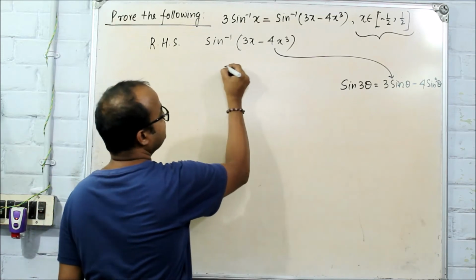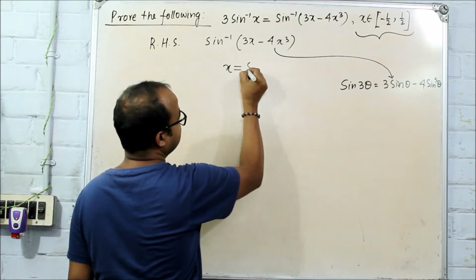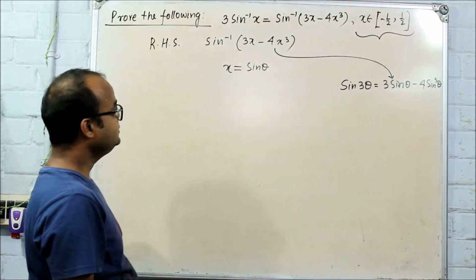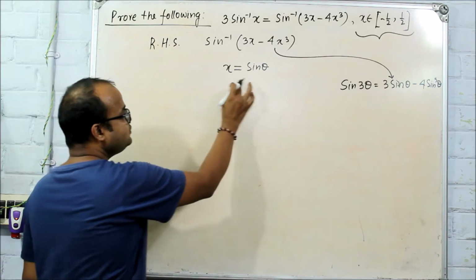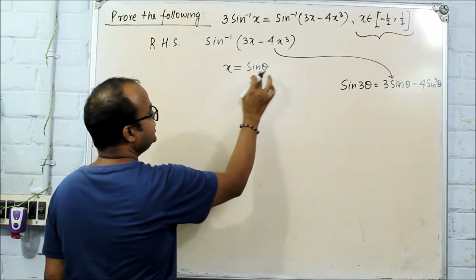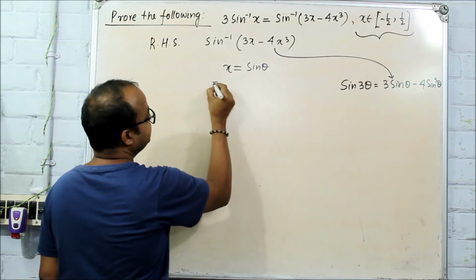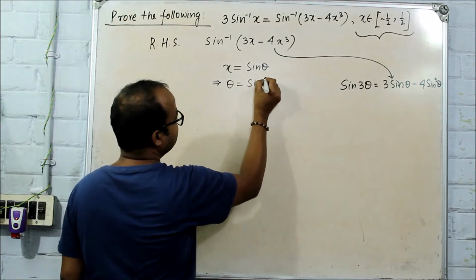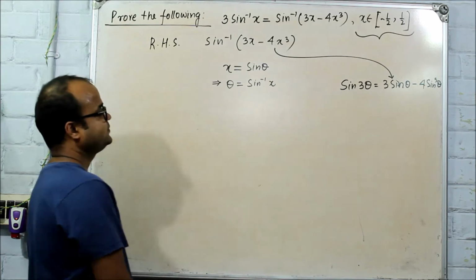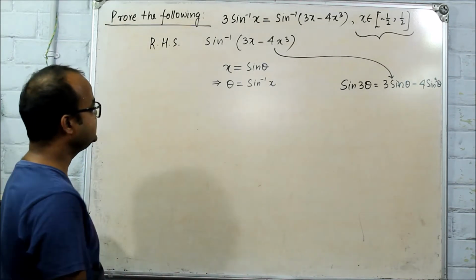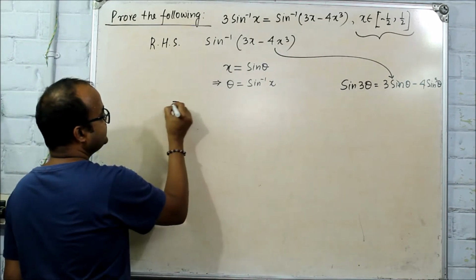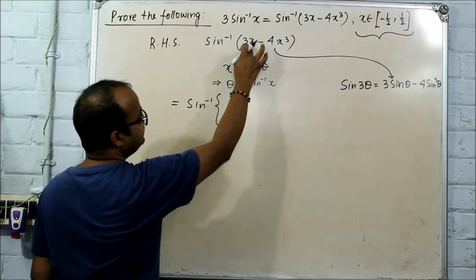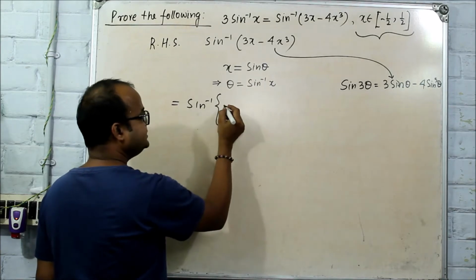So we substitute x is equal to sine theta. Clear? So if you substitute x is equal to sine theta, it implies theta is equal to sine inverse of x. Now in place of x we substitute sine theta.